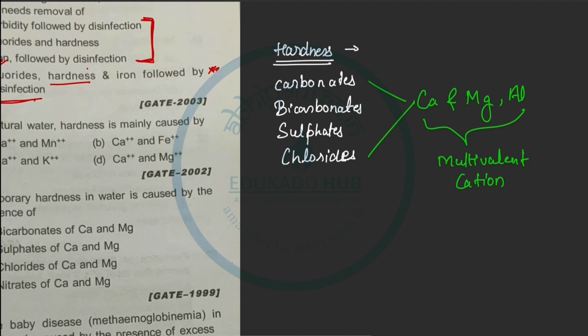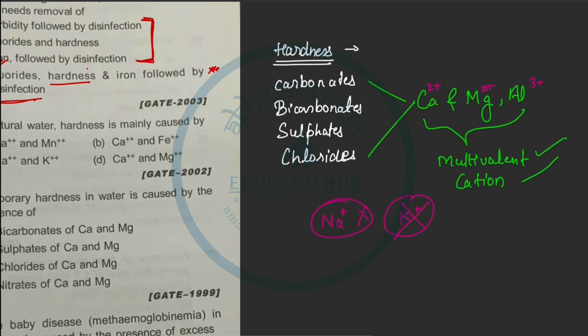Hardness is never caused by any single valent cations. For example, sodium Na+, hardness is not caused by this, and potassium K+, hardness is not caused by this as well. We need multivalent cations, Al3+, so these things will work.